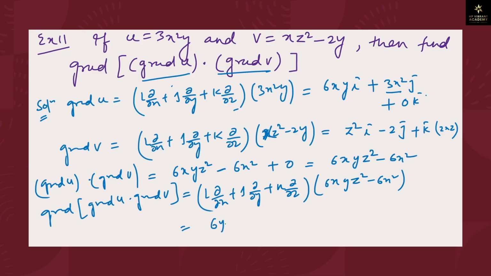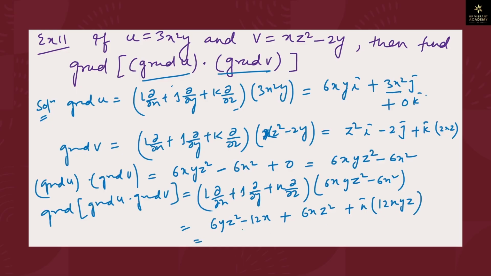So this is 6yz square minus 12x i cap plus j cap times of this is 6xz square plus k cap times of this is 12xyz.